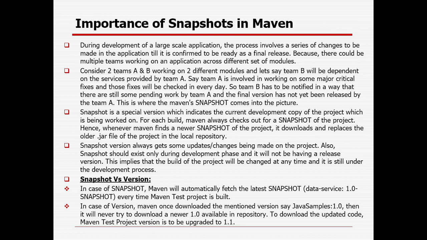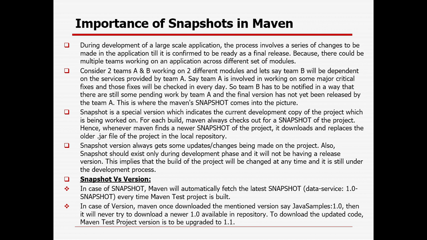Suppose there are 5 teams working, A, B, C, D and E. Everybody is developing something, but every hour their code is getting changed. But if you give some stable version like 1.2, what will happen?